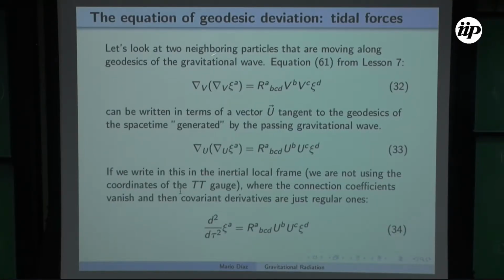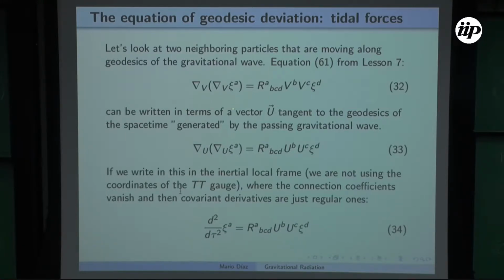So looking at the equation of the geodesic deviation, which is what are called tidal forces, if we look at two neighboring particles that are moving along geodesics of the gravitational wave, then, honestly, I don't even remember now what this equation was from.